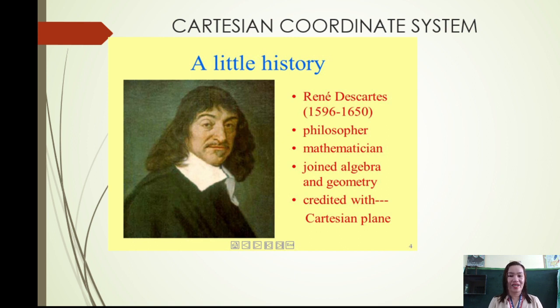It is René Descartes, a philosopher and mathematician, who invented it. So again, a Cartesian coordinate system is composed of two number lines perpendicular to each other.